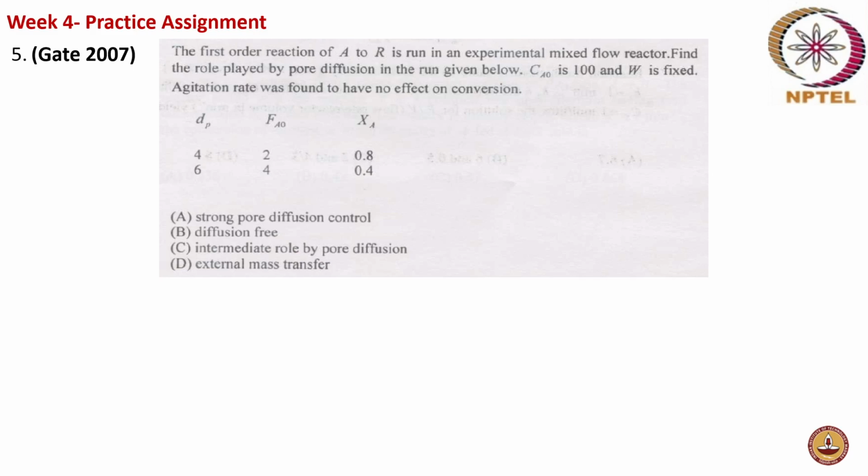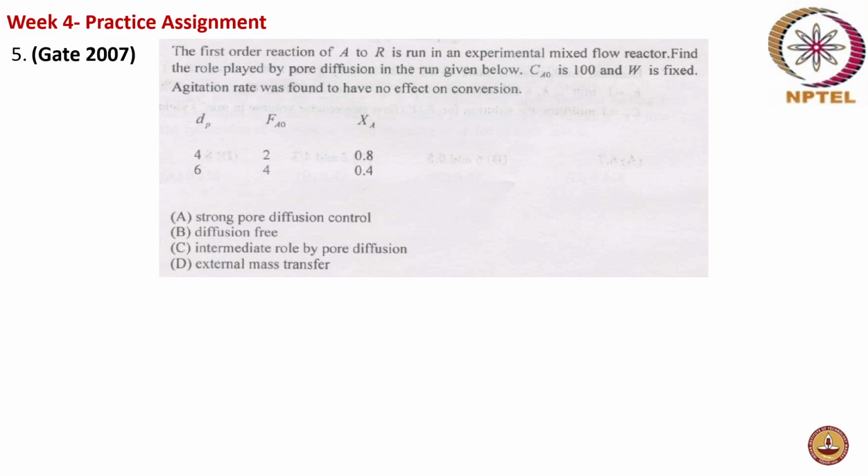So, what is given? Your diameter of the catalyst particle is given, and your Fa0, the molar flow rate, is given, and your conversion is given. In the first case, the diameter is 4, your Fa0 is 2, and your conversion is 0.8.